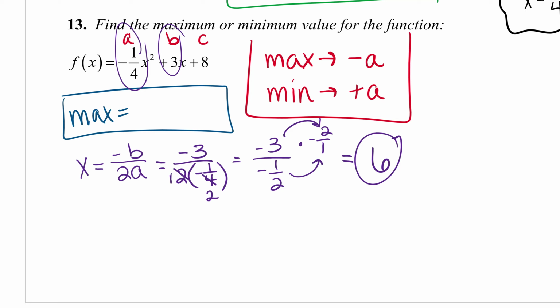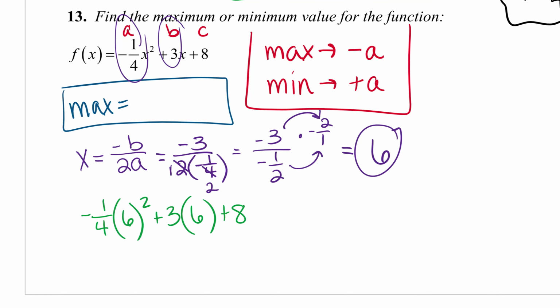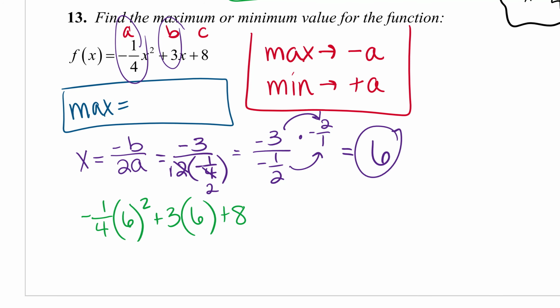Okay, so I have negative 1/4 times 6 squared plus 3 times 6, and then plus 8. Okay, now all I have to do is solve this, and I'm done. So I have 6 squared. I'll move it over here. Negative 1/4. 6 squared is 36. 3 times 6 is 18, and plus 8.